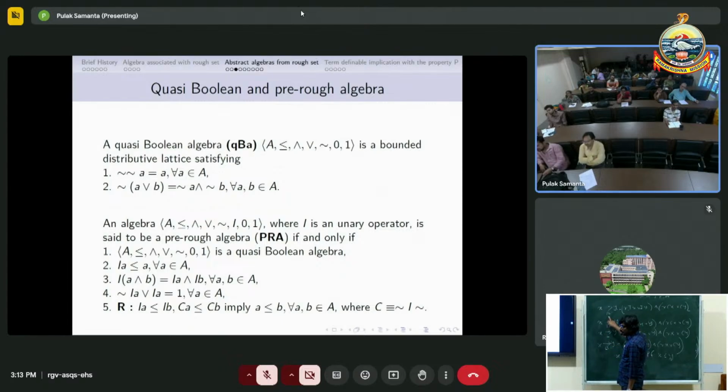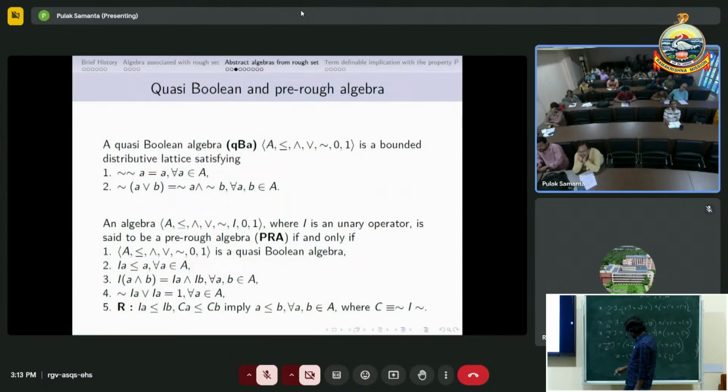This is the first rough implication, which is coming from the approximation space algebra. That's why R for rough. And this implication is going to give the full distribution property. That's why it is called H for Heyting. And this implication is the same as the implication used in Łukasiewicz's three-valued algebra.